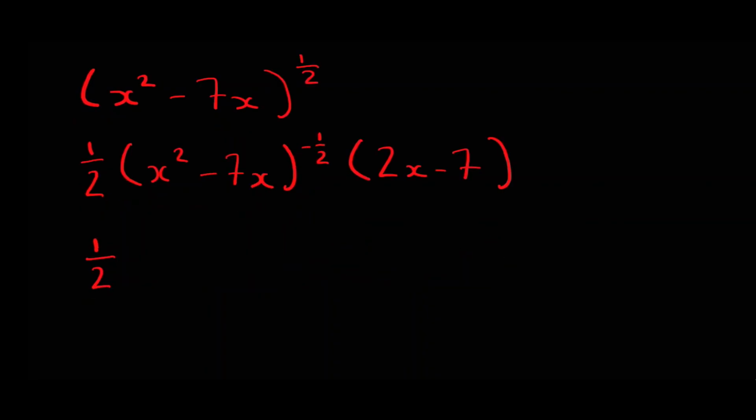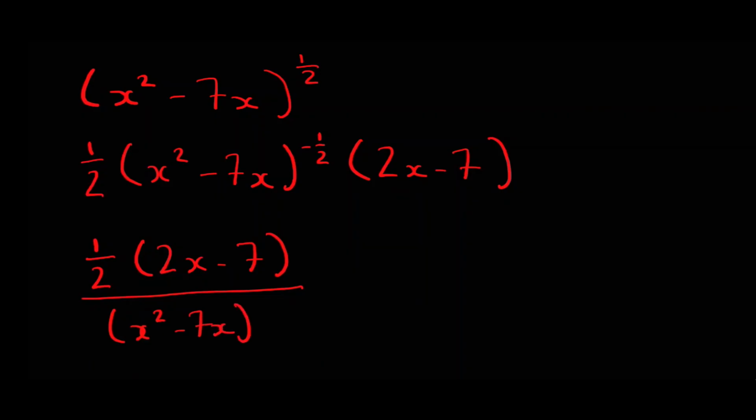Now I'm going to get rid of the negative power by rewriting this whole expression as a fraction and bringing the x squared minus 7x to the power of negative a half to the bottom. So you can get rid of a negative power just by bringing it to the bottom of a fraction like this. Now we can rewrite it as a positive exponent.